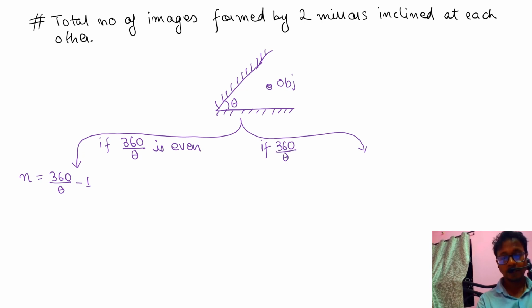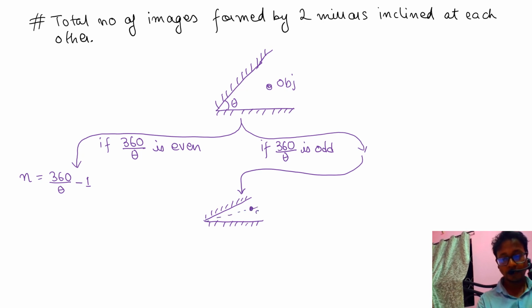If 360 by theta is odd, we have two further cases. What are the two cases? The angle between the mirrors theta is such that 360 by theta is odd. The object is kept at symmetry.